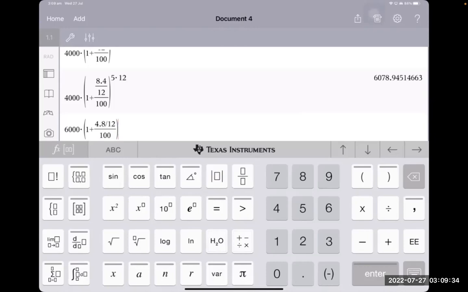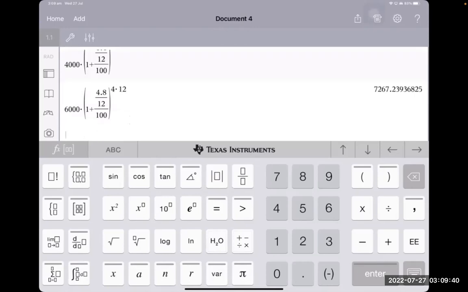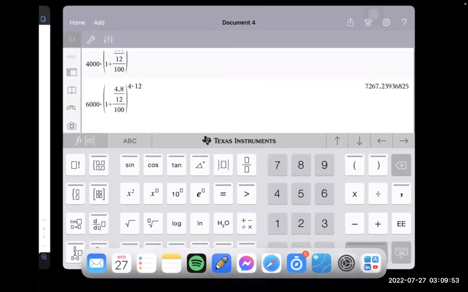Close that bracket, raise it to the power of 4 times 12, and don't forget to make it decimals by pressing Control Enter. So the answer here is 7,267.24. That 3 turns into a 4 because we round up.